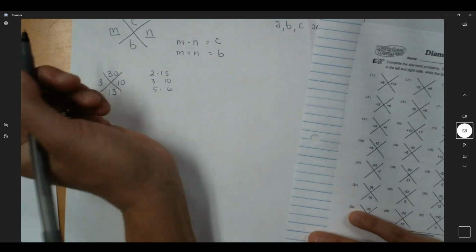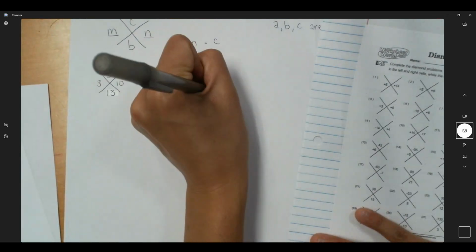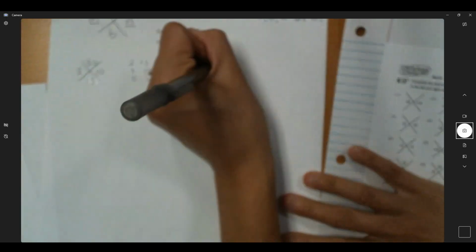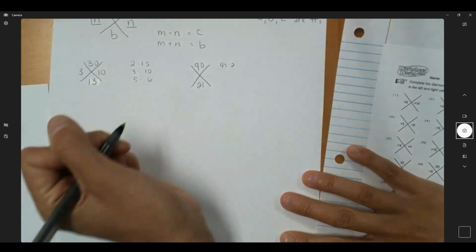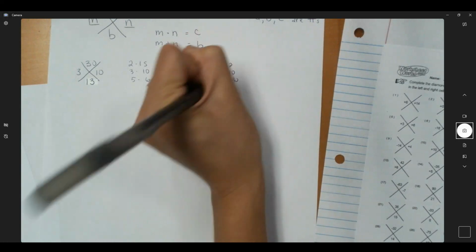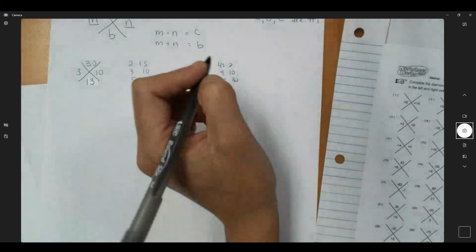Let's see. Let's do 90 and 21. So that would be multiples of 90. So 45 times 2, 9 times 10, 3 times 30, 4 and 5.